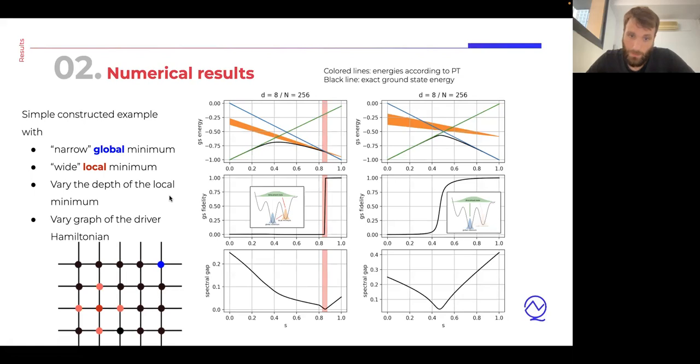Then, using the energies that we derive from perturbation theory, we obtain the following plots here. On the left-hand side, we have one example scenario where we see one of these localized transitions.